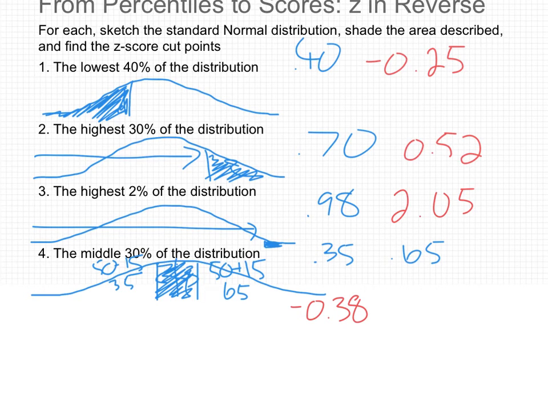And the other side is going to be the same, we're just positive. So 0.38 or 0.39, depending on where you choose, because we land right in between. Okay, so those would be our z-scores, our cutoff points for each of those problems.